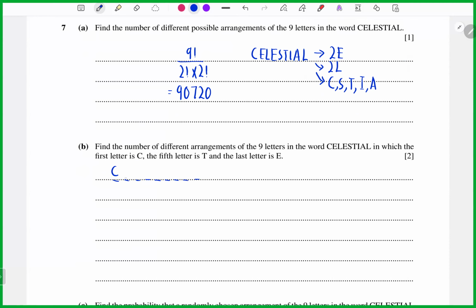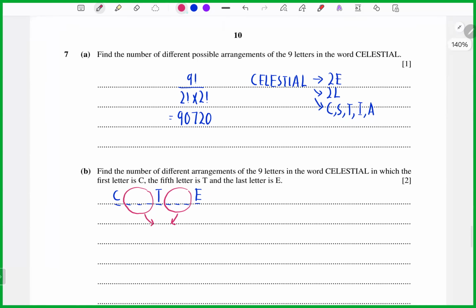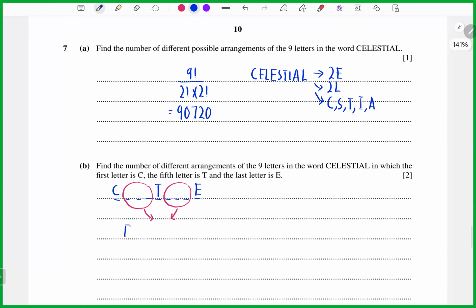C is first, T is fifth, and the last is E. So you have 6 spaces here. For these 6 spaces, you can use E, 2 L's, S, I, A. Sorry, actually T is already used, so it's 5 other letters.